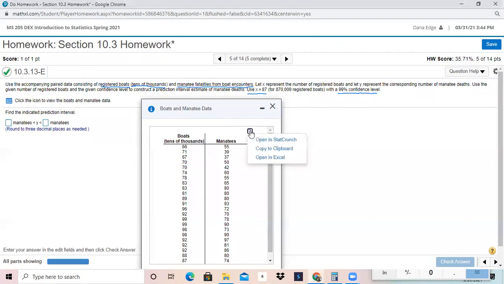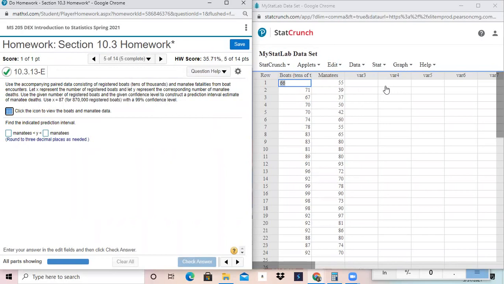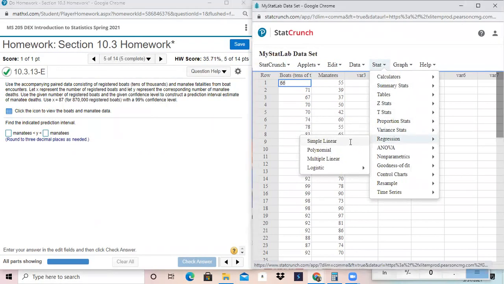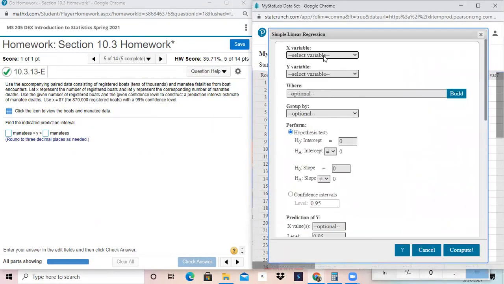If we load this into StatCrunch, then to get my information, just like we've been doing, I'm going to go with stat, regression, simple linear, and tell it where the X value is and which one's the Y value.